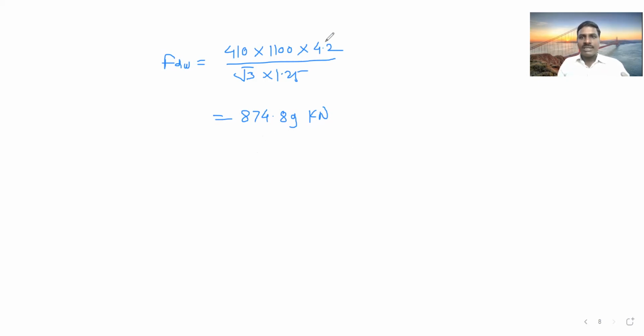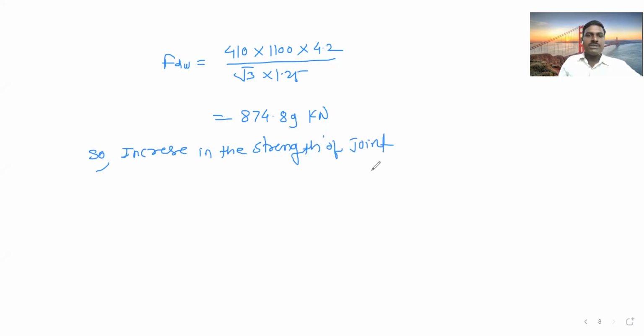Now please read the problem statement. In the problem statement they have told us how much length is increased. So write down here: increase in the strength of joint is equal to, how can we calculate here? How much strength increased, how will we calculate? So 874.89 minus 676.05.